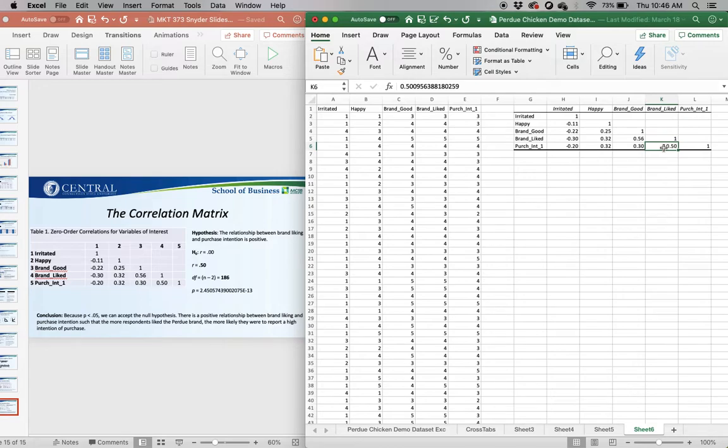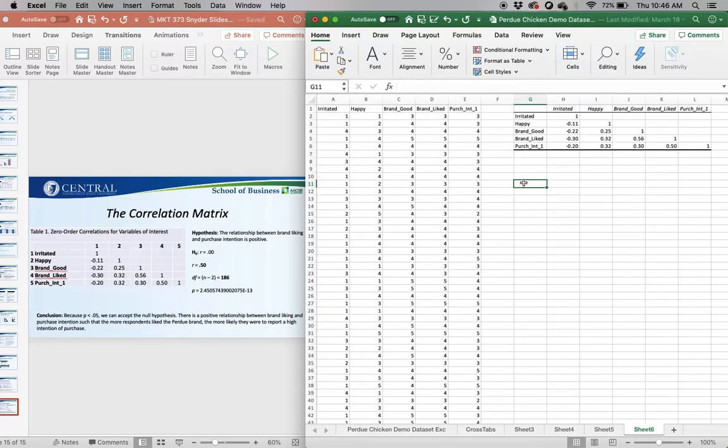But the question is, is this relationship statistically significant? So what we need to do is to find out the p-value for that correlation so that we can determine whether or not it's less than a probability value of 0.05. Well, there's kind of a workaround here because the correlation matrix doesn't provide us with p-values.